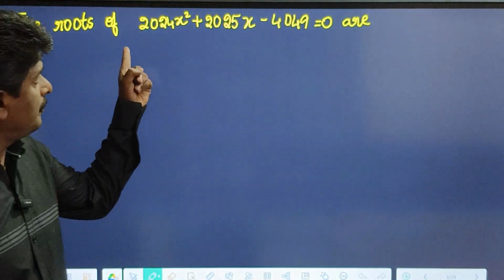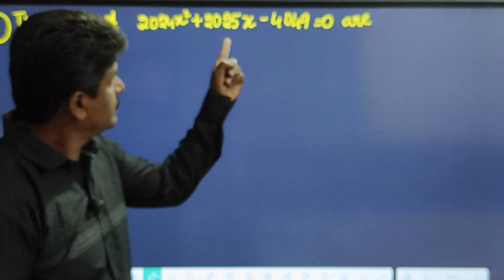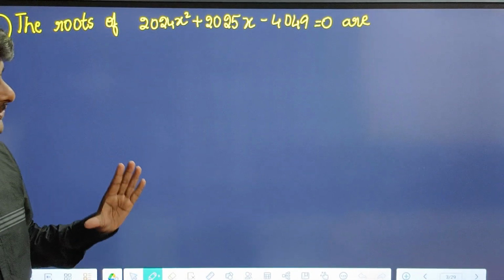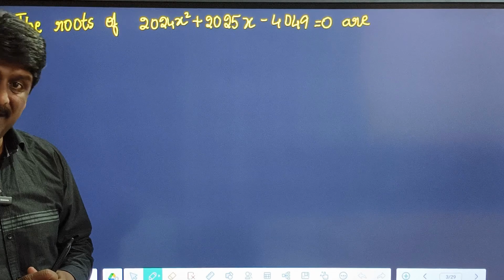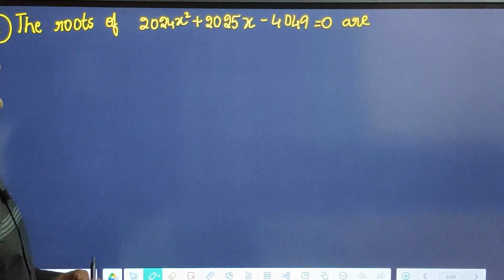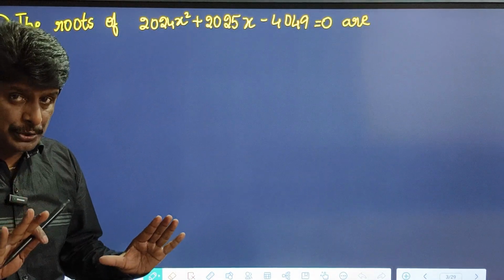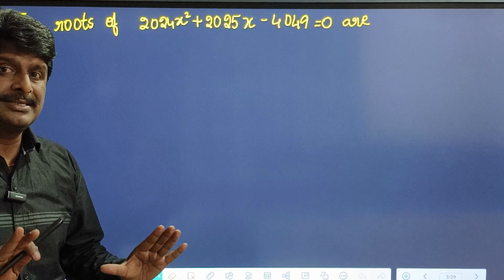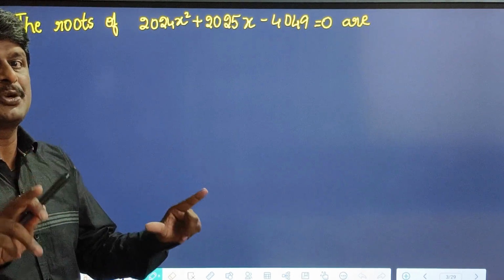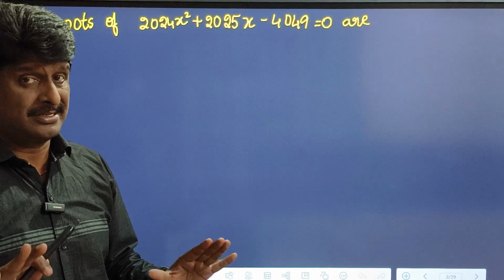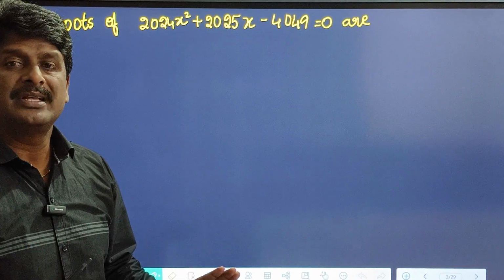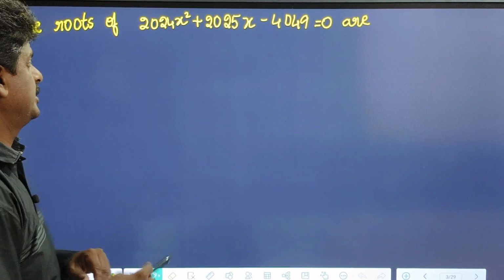The roots of 2024x square plus 2025x minus 4049 is equal to 0 are, see here, not easy to use the formula x is equal to minus b plus or minus under root b square minus 4ac by 2a. It's not convenient to use. Then how to solve the equation?